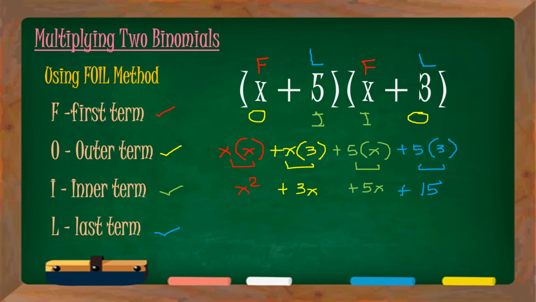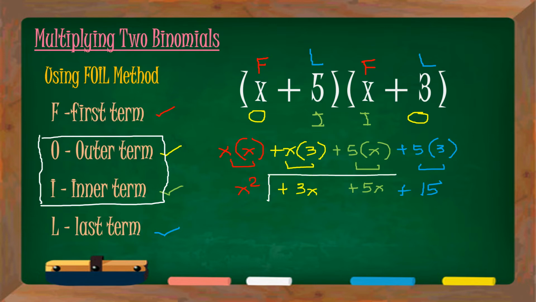So, if you are going to use FOIL method, usually or kadalasan, yung makikita mo kay outer at kay inner ay similar terms. Okay? Usually, the answers of outer and inner, 3x and 5x, are similar terms.